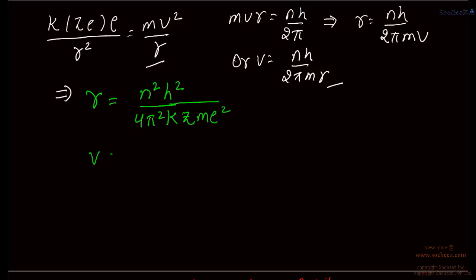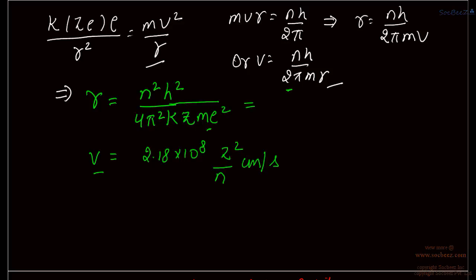For the velocity of an electron, if simplified further, if we put the value of r into this, and put the value of constants that we cannot change, we get the velocity as 2.18 into 10 raised to the power 8 into z upon n centimeter per second.